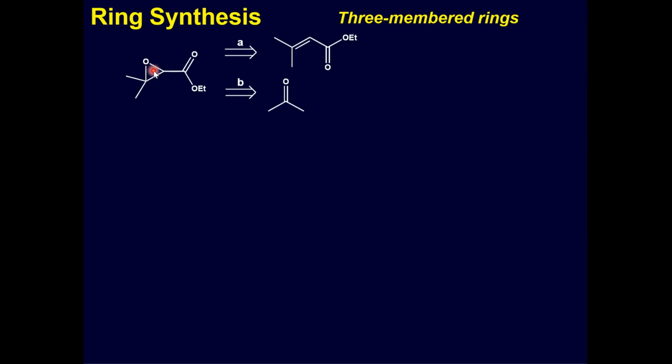If I break over here at this junction, this synthon, CH3CO, will be acetone. Another part which I have broken has a negative charge over here.